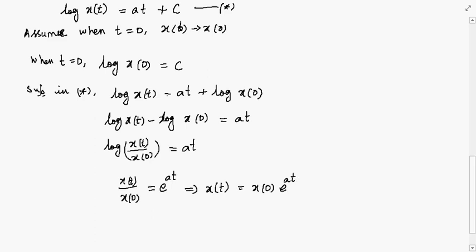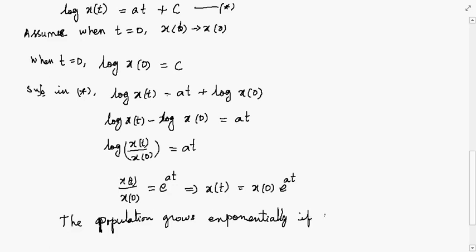Hence we can say that the population grows exponentially if a is greater than 0, and the population will decrease if a is less than 0.